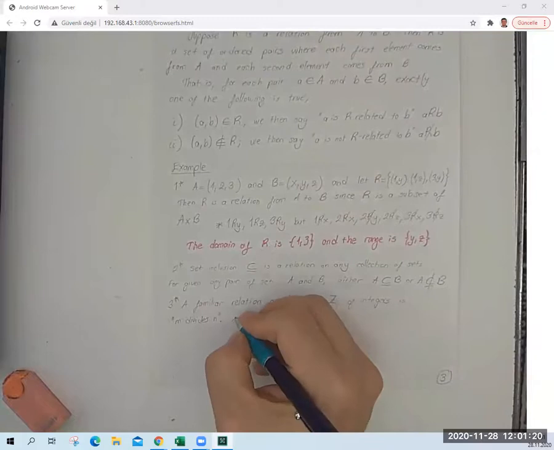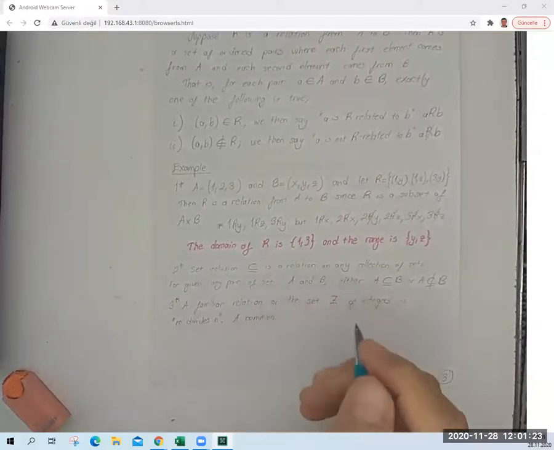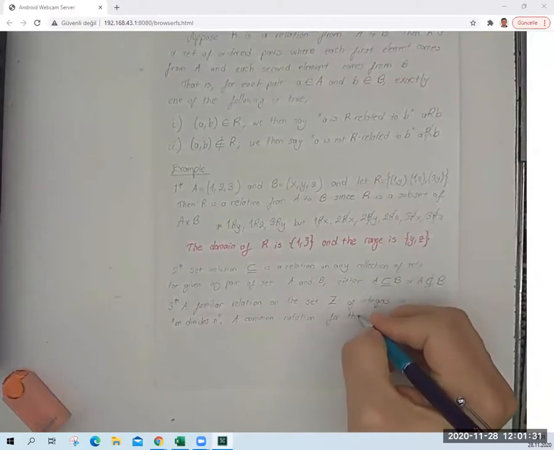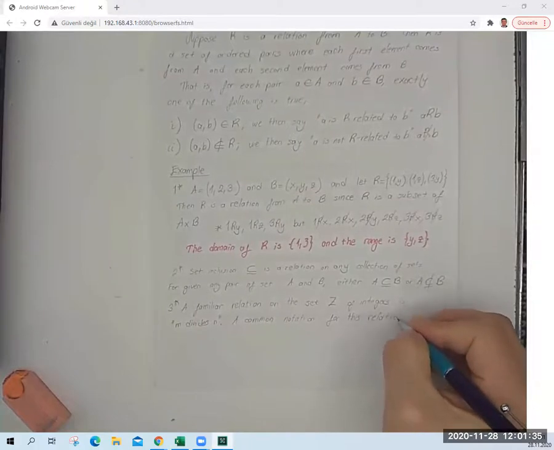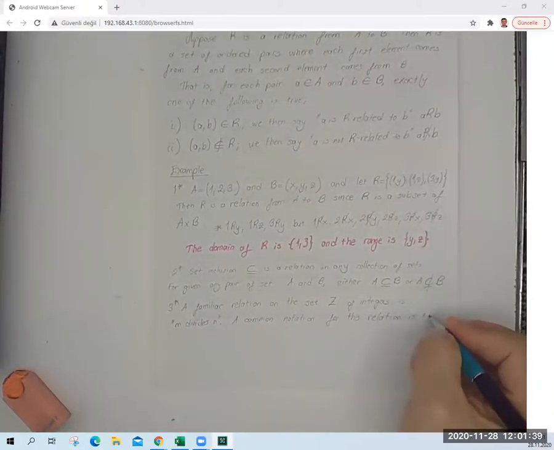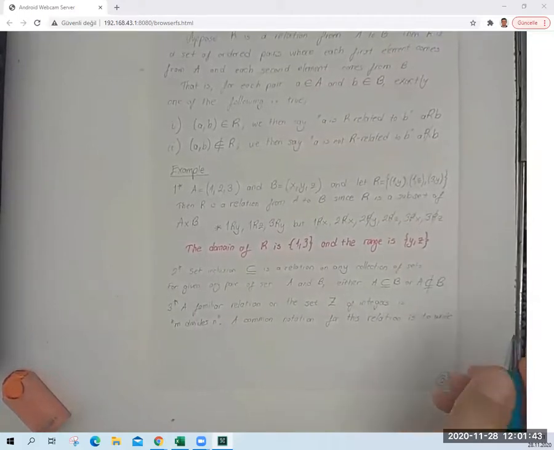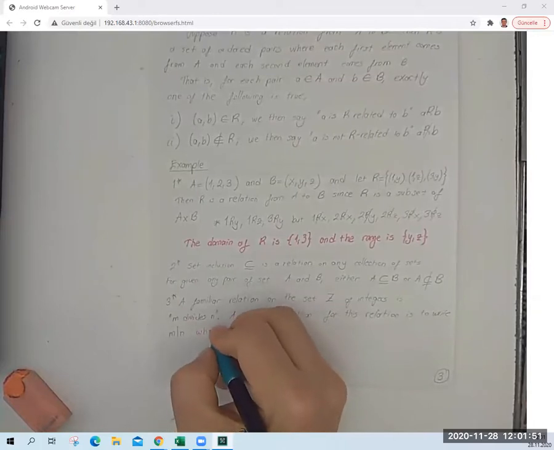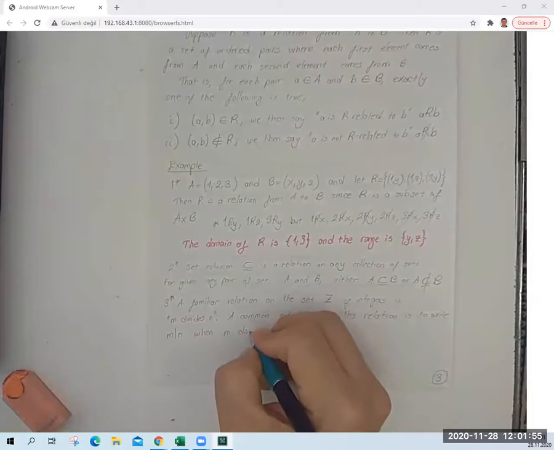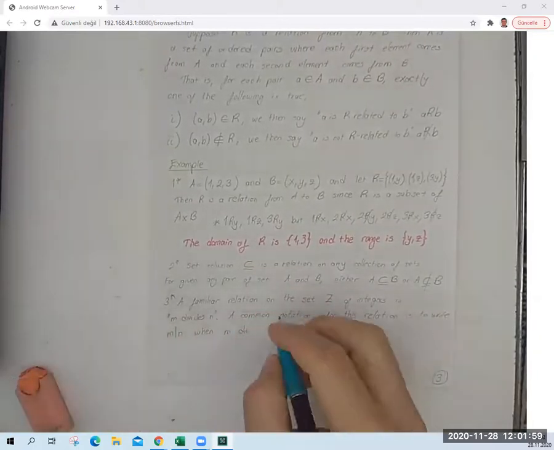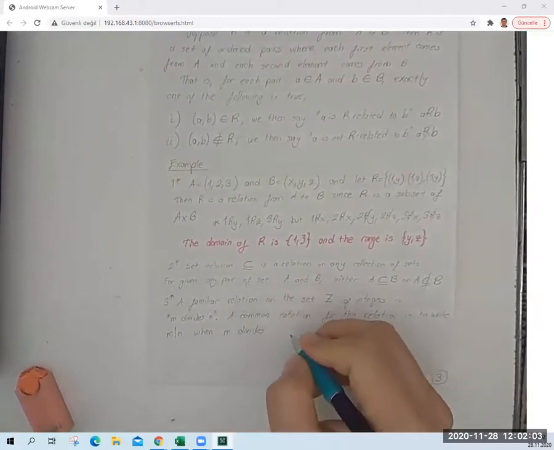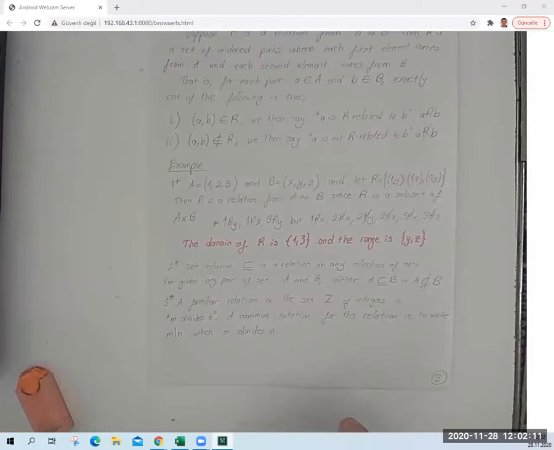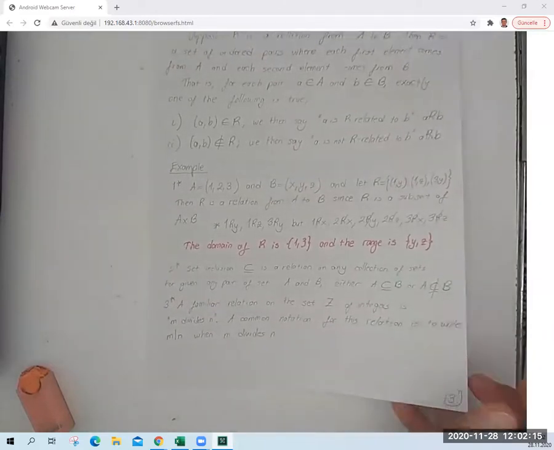A common notation for this relation is to write m | n when m divides n, as an example.